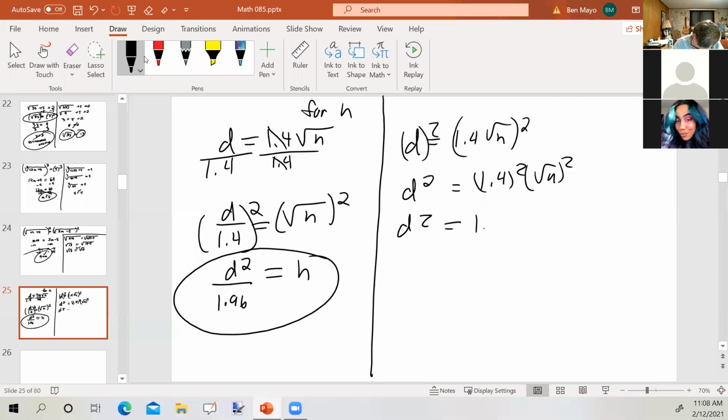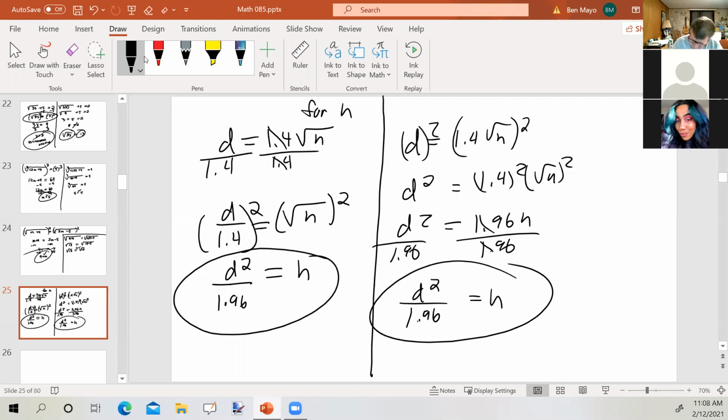So I get d squared equals 1.96h. Divide both sides by 1.96. Bada boom, bada bing. And there we go. Because again, here you have a product raised to a power, so you square each factor of the product. So you still get that 1.96. Okay, we good to go on to another example?